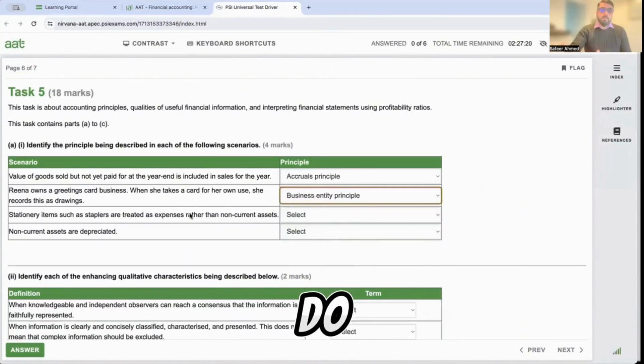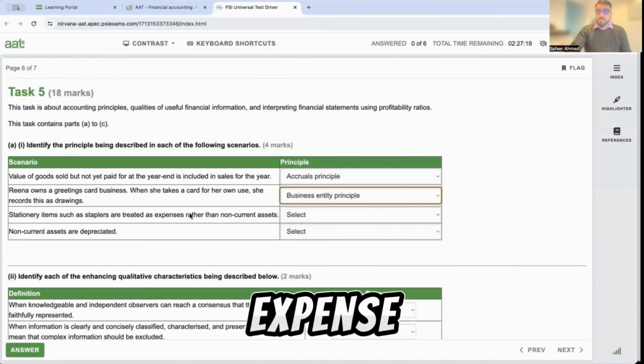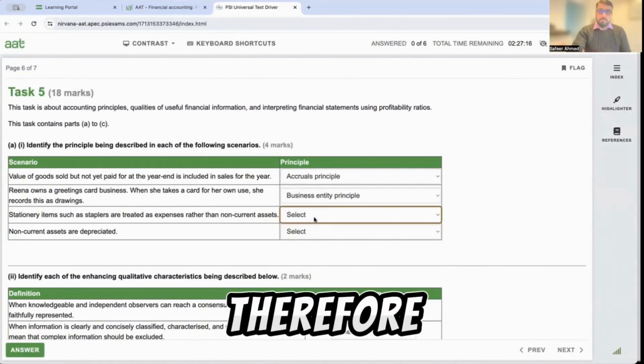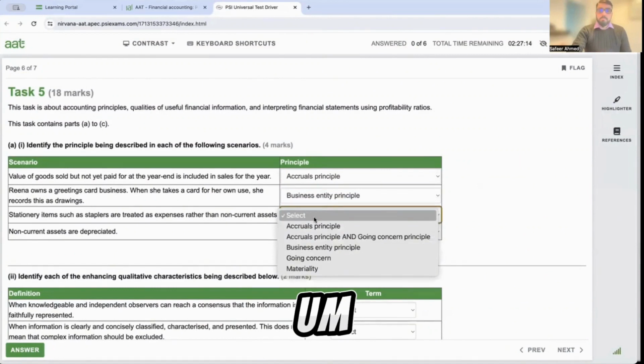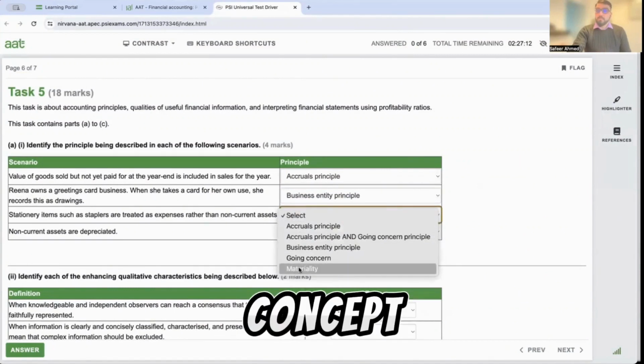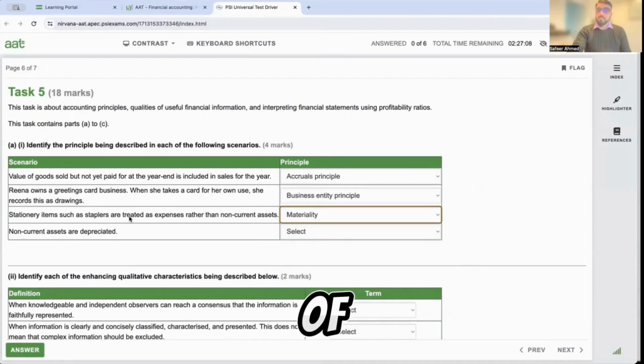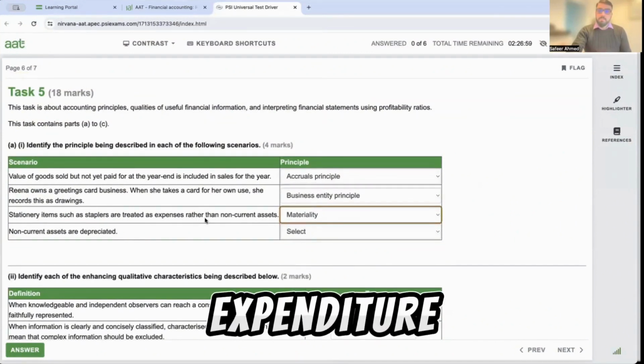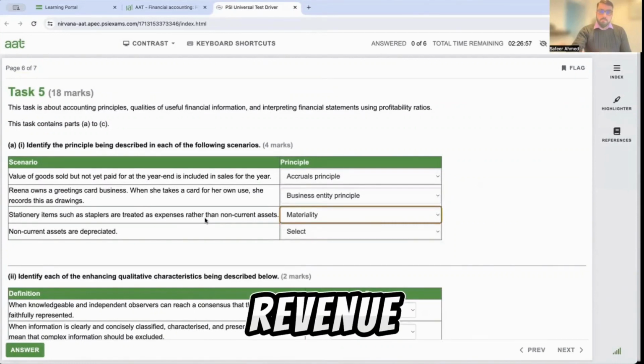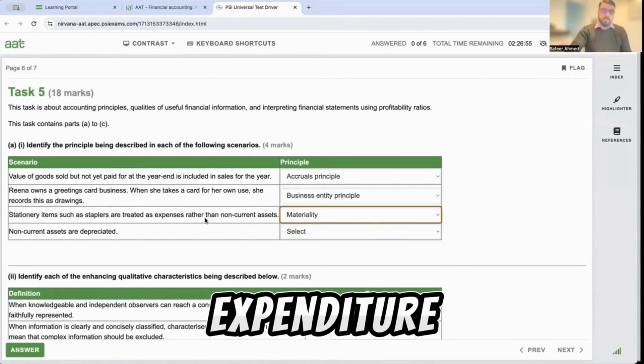So instead, we record it as an expense. So this is the materiality concept: due to the immaterial nature of a stapler, we will record it as an expense rather than a non-current asset, or in other words, as revenue expenditure rather than capital expenditure.